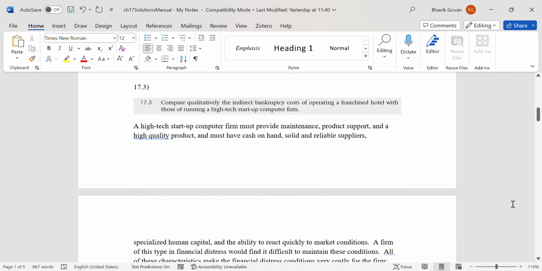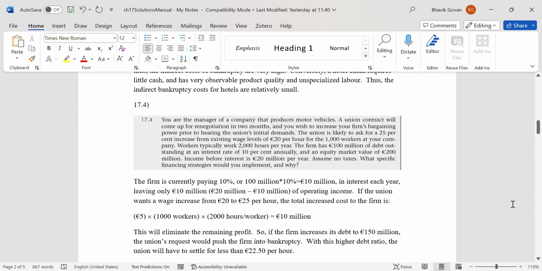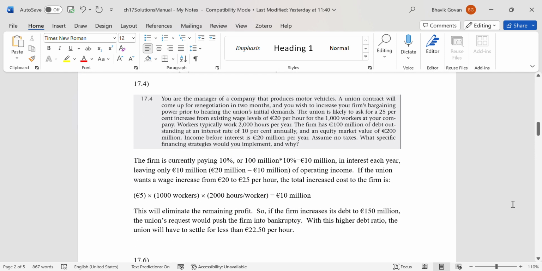The one question which I wanted to go through was 17.4. You are the manager of a company that produces motor vehicles. A union contract will come up for renegotiation in 2 months, and you wish to increase your firm's bargaining power prior to hearing the union's initial demands. The union is likely to ask for a 25% increase from existing wage levels of 20 euros per hour for the 1,000 workers at your company.